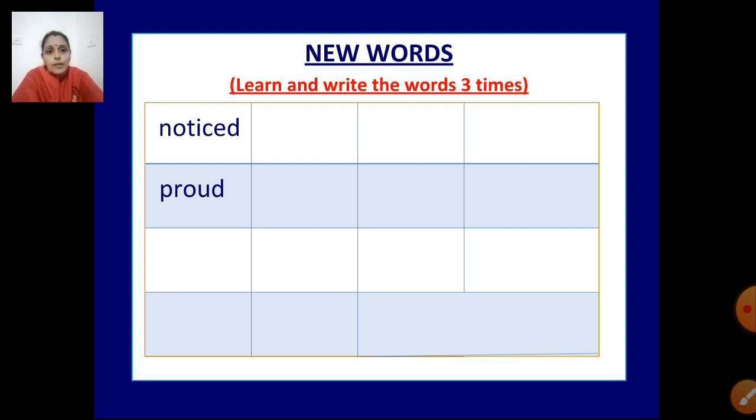The next one is confined. C-O-N-F-I-N-E-D, confined. Confined means trapped or locked.